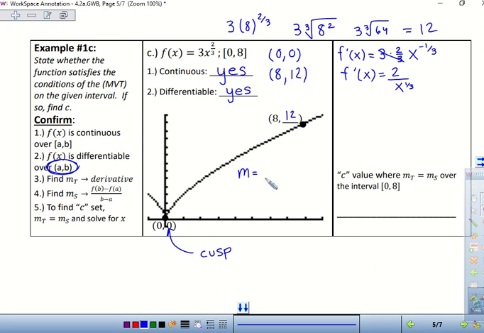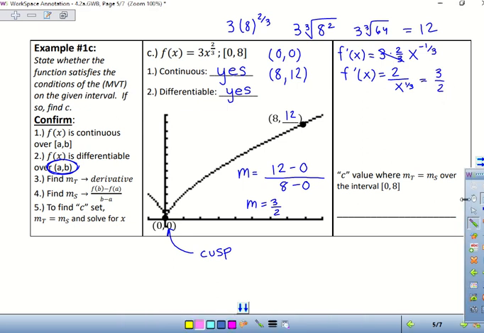I'm going to do it here so I have room. y minus y over x minus x. What is 12 over 8 reduced to? 3 over 2, good.